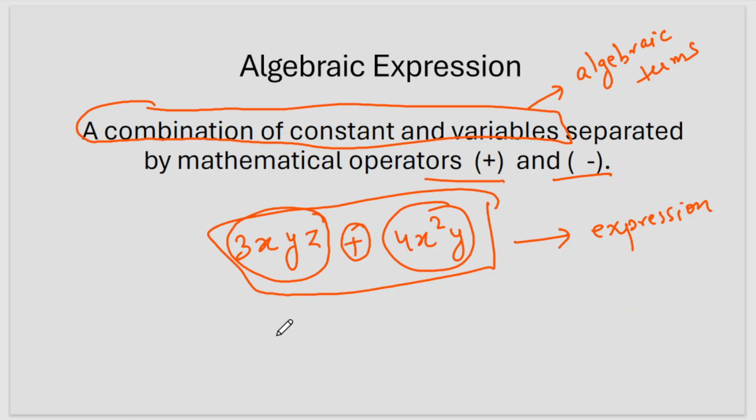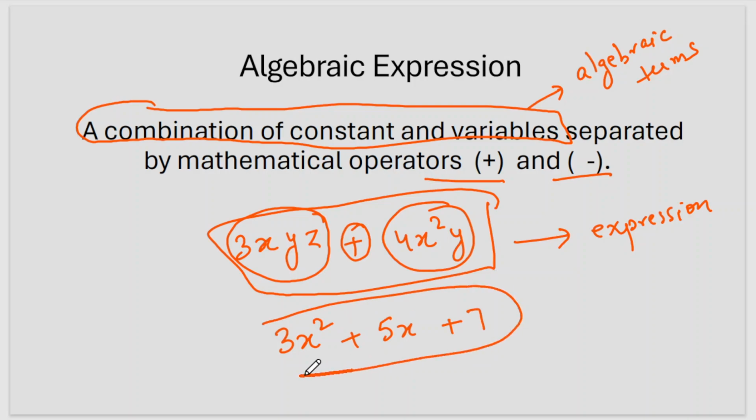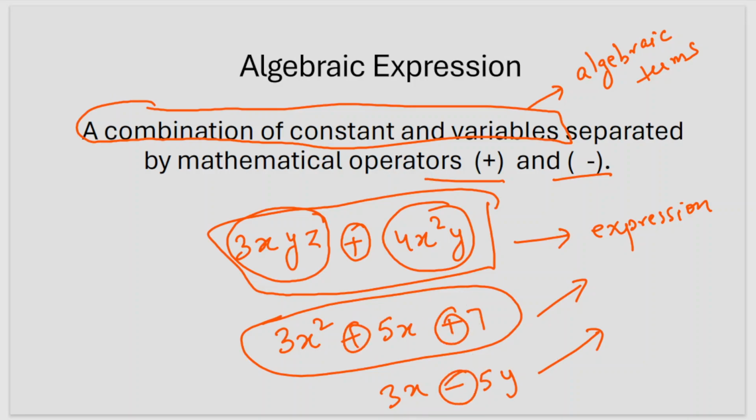Now, 3x square plus 5x plus 7 is also an algebraic expression. 3x minus 5y is also going to be an algebraic expression because the terms are separated by plus and minus.